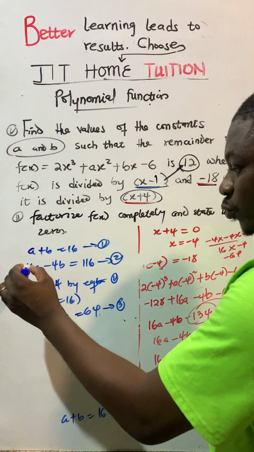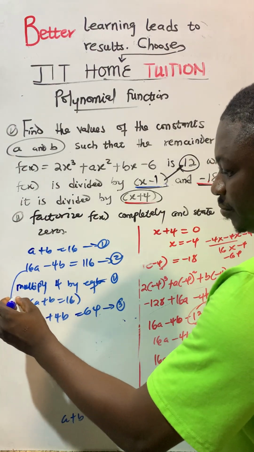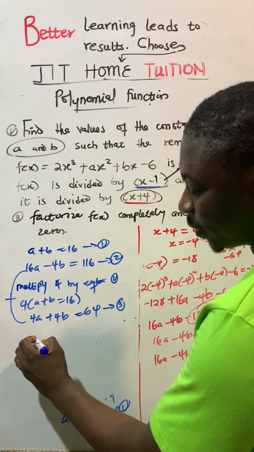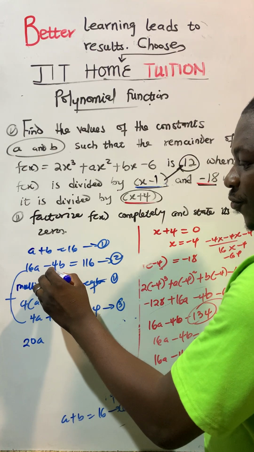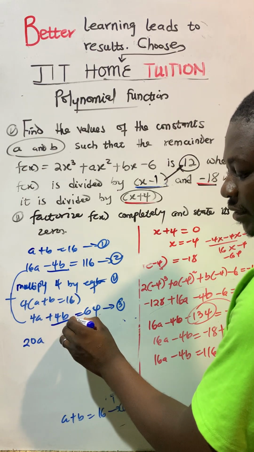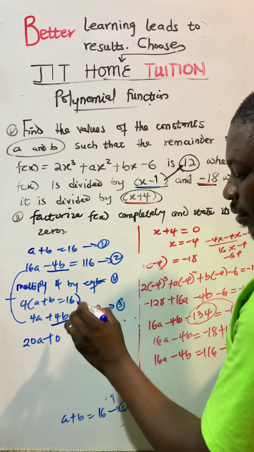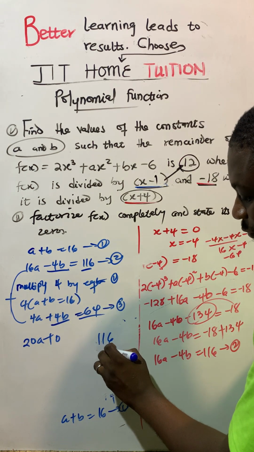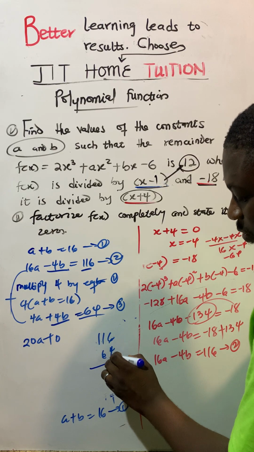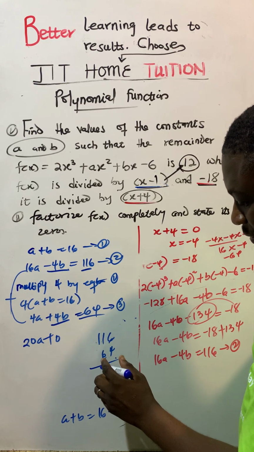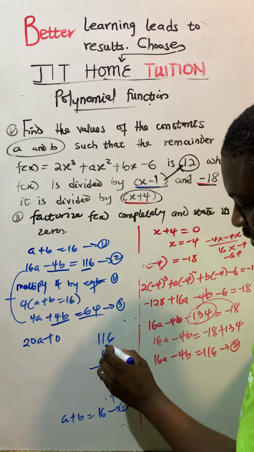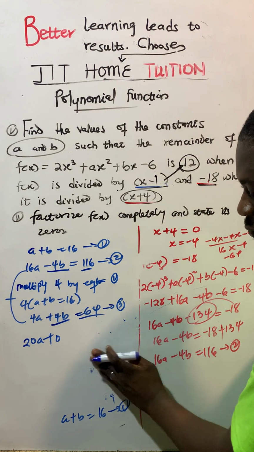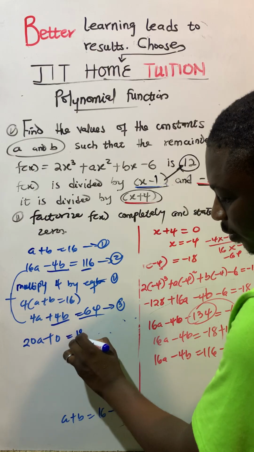Now, what you do next is that you add them. So 16a plus this 4a will give you 20a. Next, minus 4b and plus 4b will give you 0. Then you put this and that together: 116 plus 64 will give you 180.